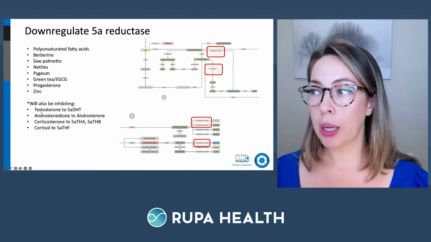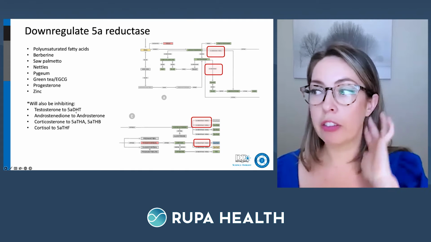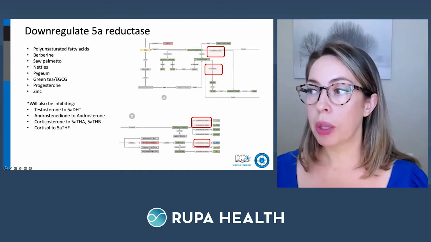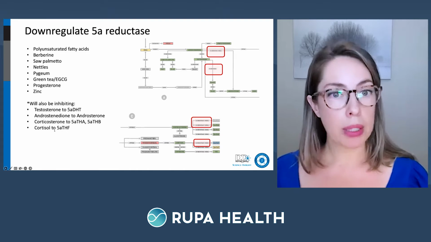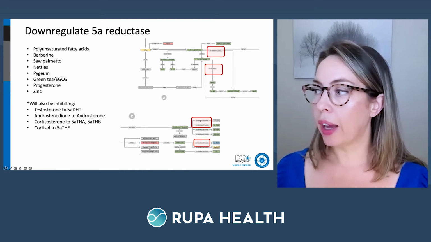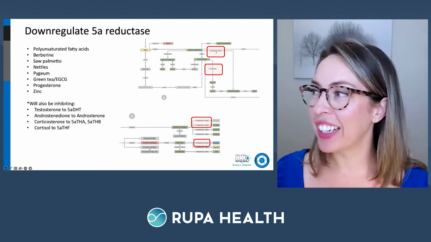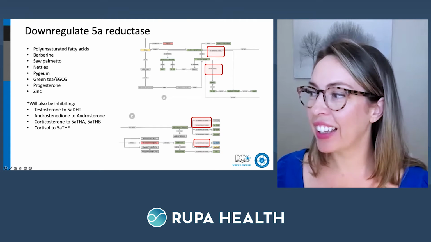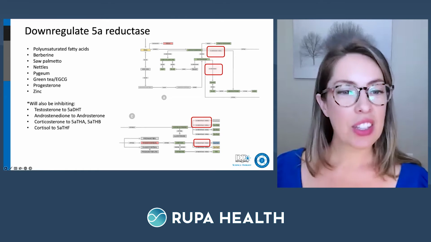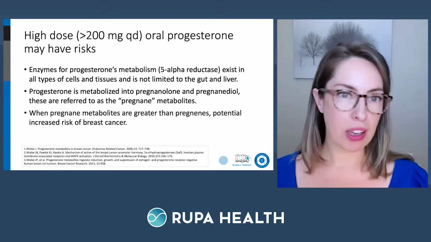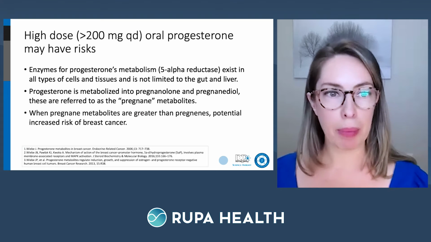And so we're also going to be inhibiting testosterone to 5-alpha DHT, androstenedione to androsterone, and then some of the corticosteroid and cortisol metabolites. So I've just highlighted them for you here. I know you can't read this, it's so tiny, but it does say 5-alpha reductase right there, there, and there. So that's all the places where you're going to affect that. Probably always something that you want in general, but just keep it in mind.